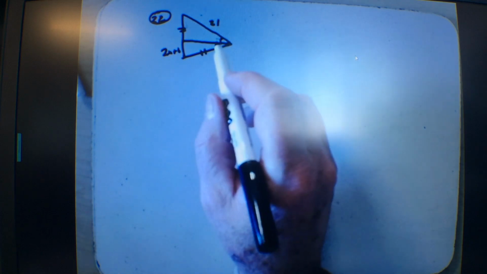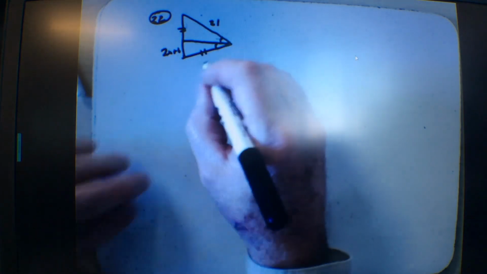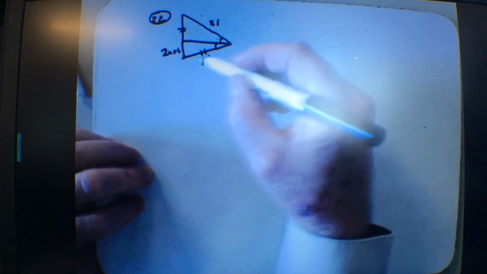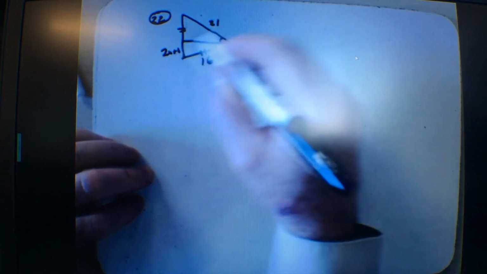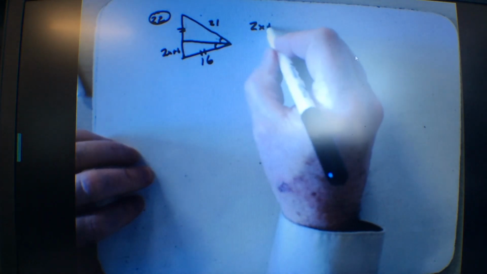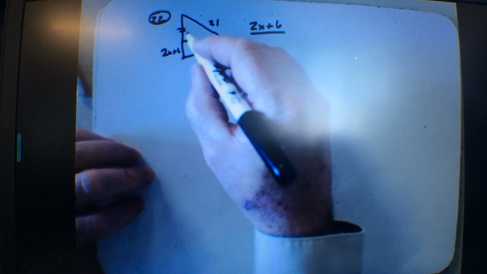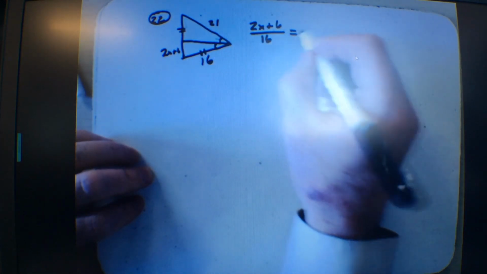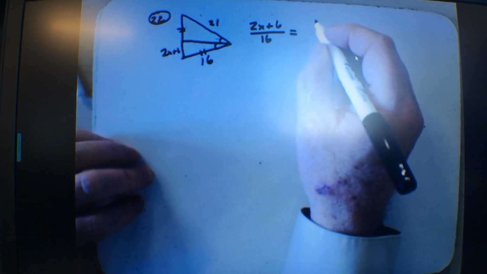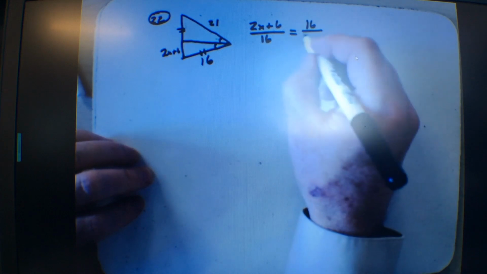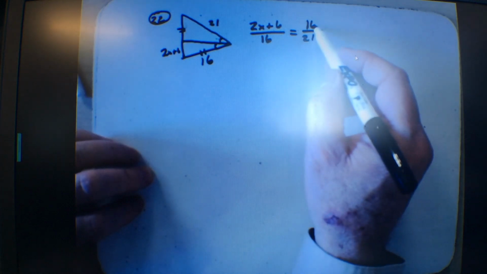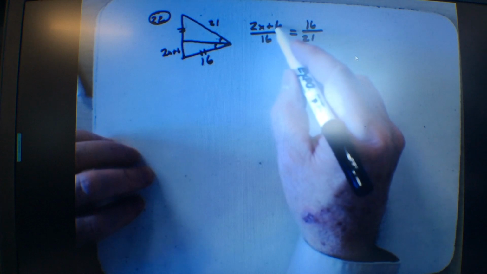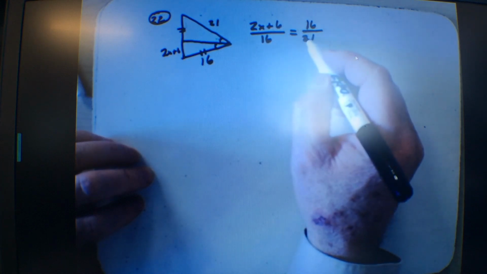Well, that's awesome, because I'm sitting here going, I don't know how we're going to figure this one. But we can do this. We can go 2x plus 6 over this piece here, which is 16, equals 16 over 21.